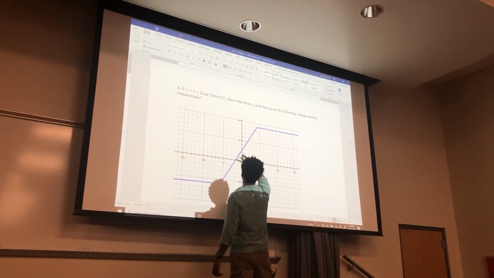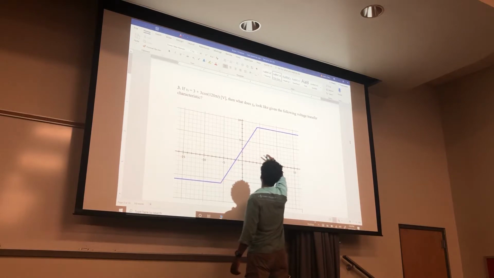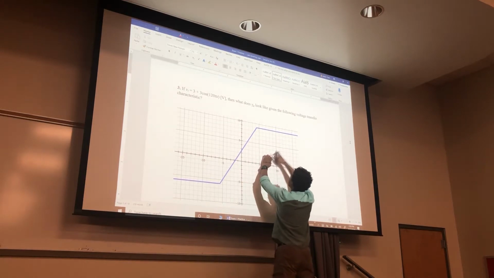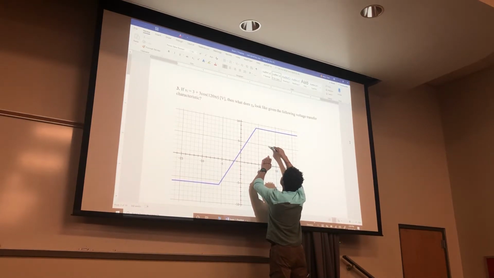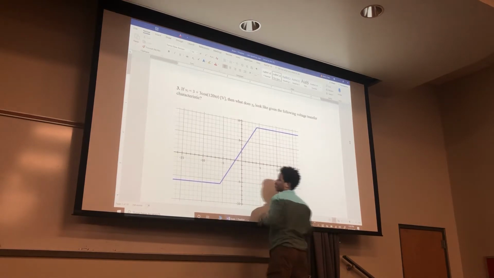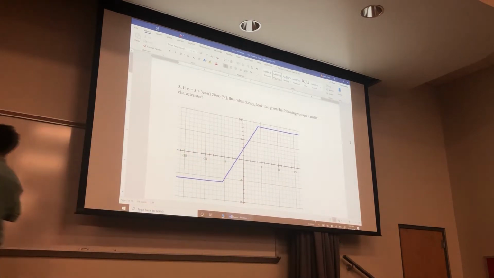So that looks like 1, 2, 2.5, something down here. So if that's 1, 2, 3, wait a minute. 1, 2, 3, 4, 4.5. So it looks something like this.